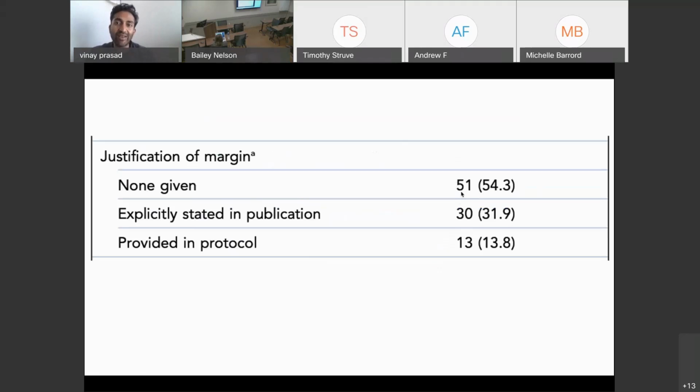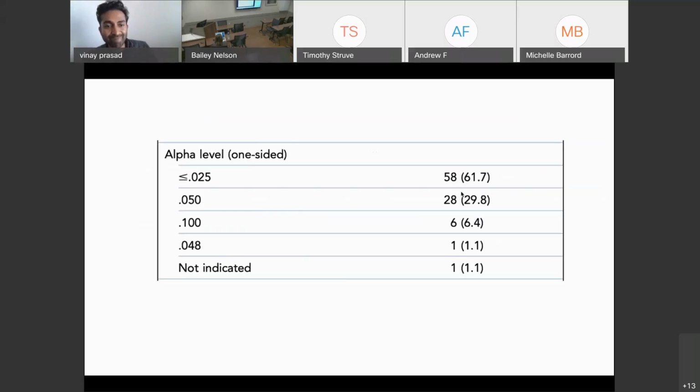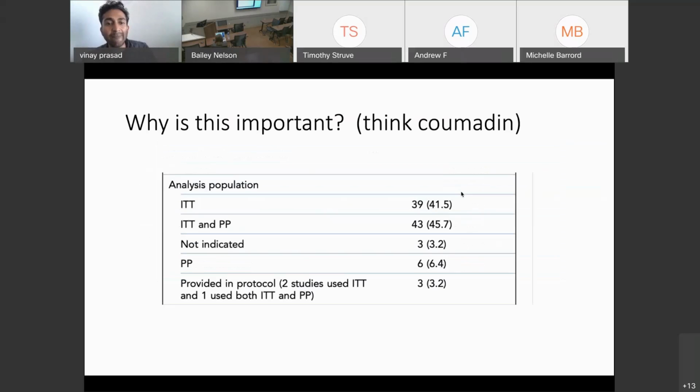It's almost never a good reason. The real good reason is that you somehow surveyed people and said, in exchange for the convenience of a depot, we were willing to take a 10% loss of efficacy. We surveyed 1,000 patients to prove that. That's almost never the case. These are whether it's a 1- or 2-sided alpha level that they pre-specify for the confidence interval.